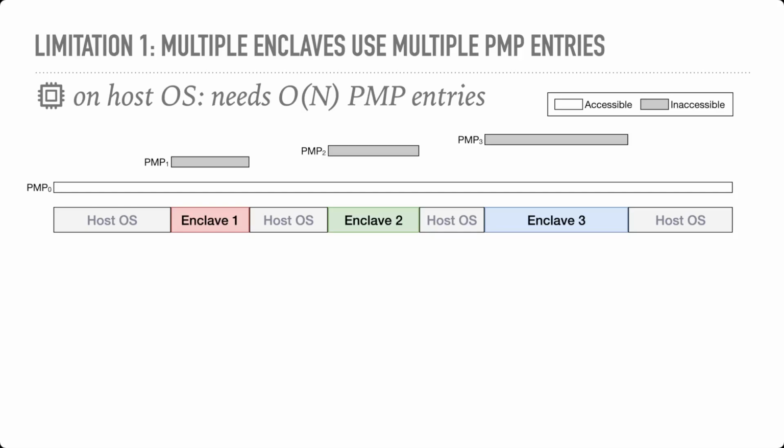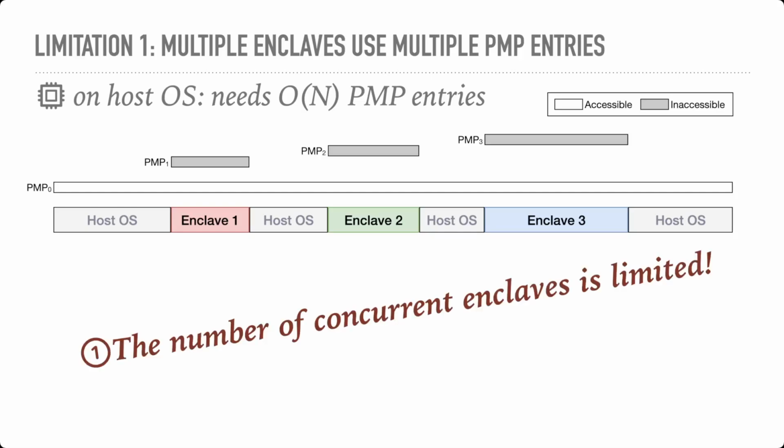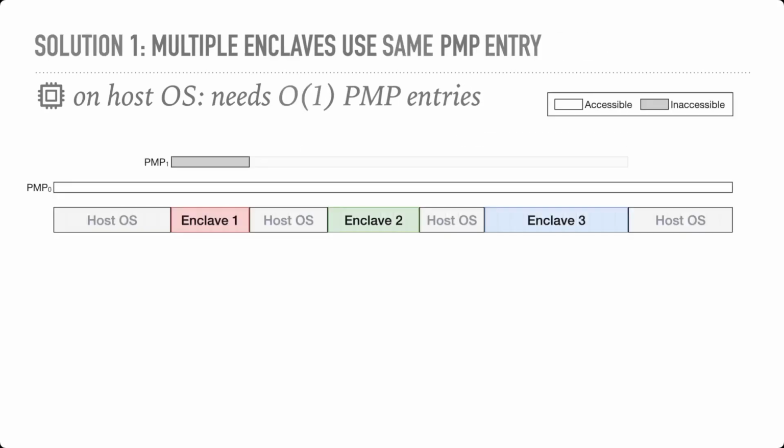Therefore, here comes the first limitation. The number of enclaves is actually limited by the number of PMP entries. To overcome this limitation, a straightforward way is using one PMP entry to cover all the enclaves like this. This way, no matter how many enclaves there are, we always require only one PMP entry to protect all enclaves.